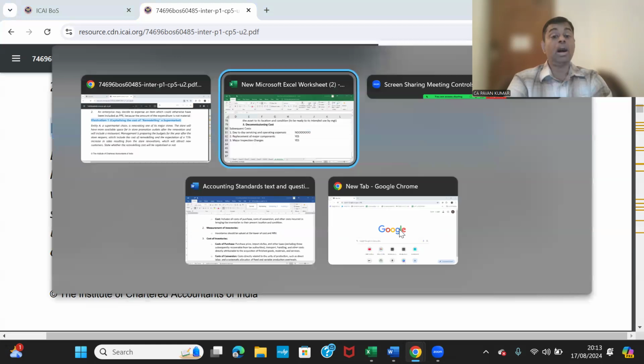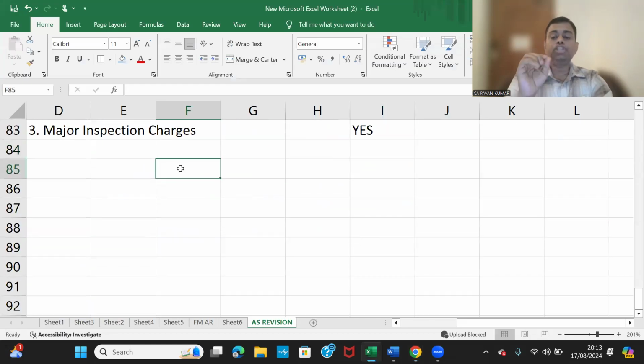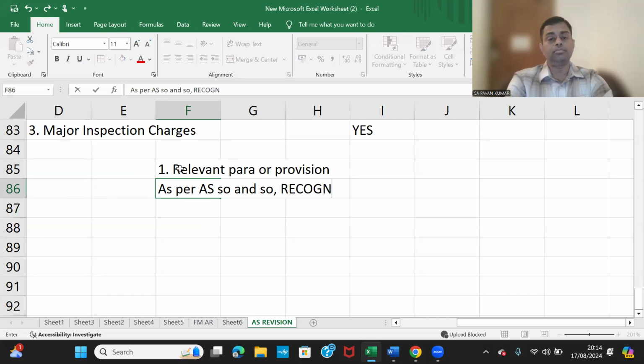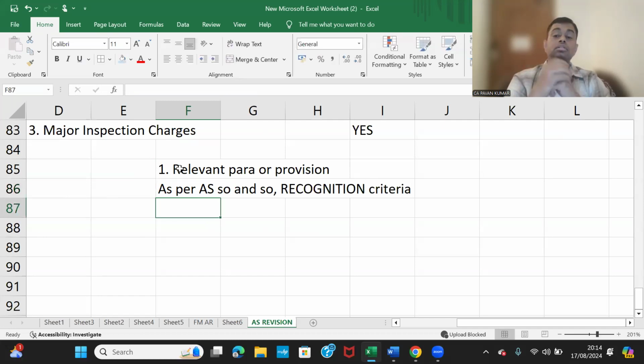If you are writing any accounting standard answer, it should have 4 points. One, the relevant para or provision. That means as per accounting standard so and so, you need to write the accounting standard provision. Here, you need to write about the recognition criteria.